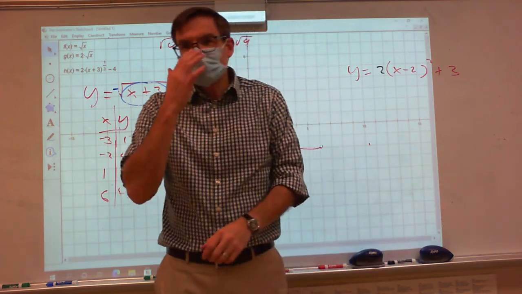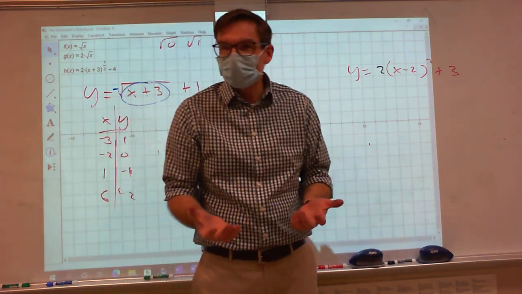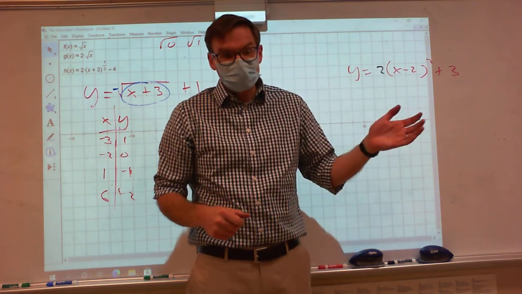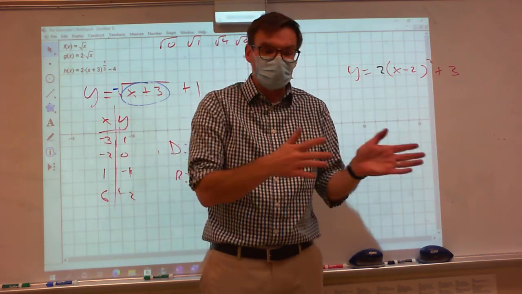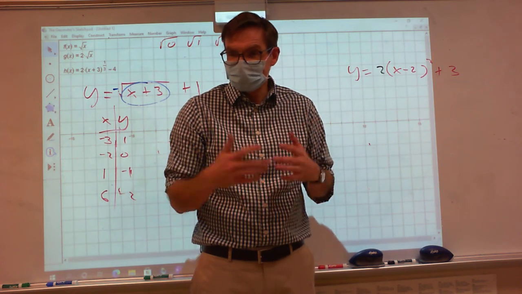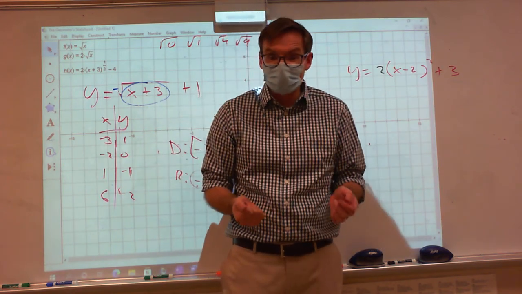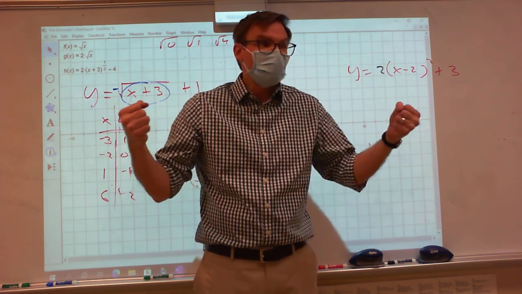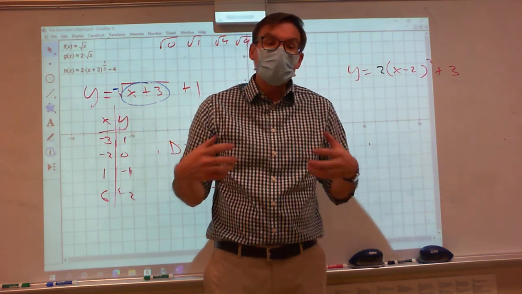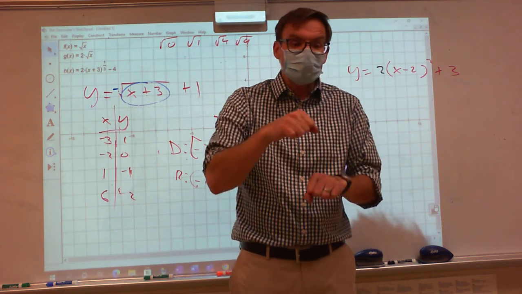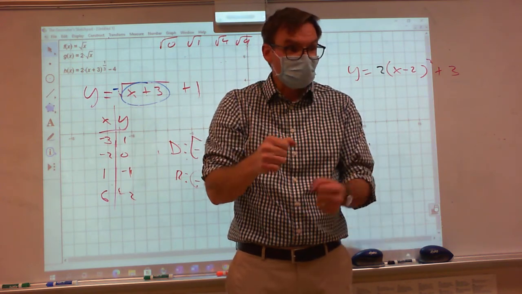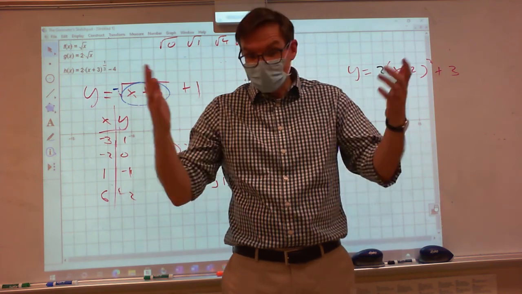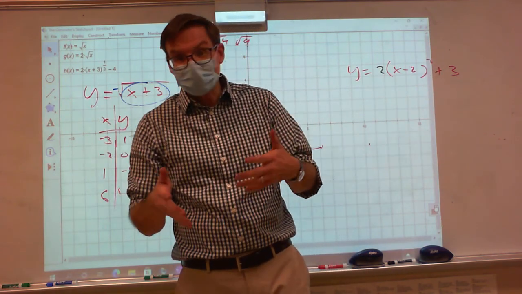So anytime you add or subtract numbers, you're just moving the graph around. If it's outside, it's moving stuff up and down. If it's inside, it's moving stuff left and right. When you multiply, it stretches. It starts changing the shape a little bit. That's the rule: outside is always up and down, inside's always left and right.